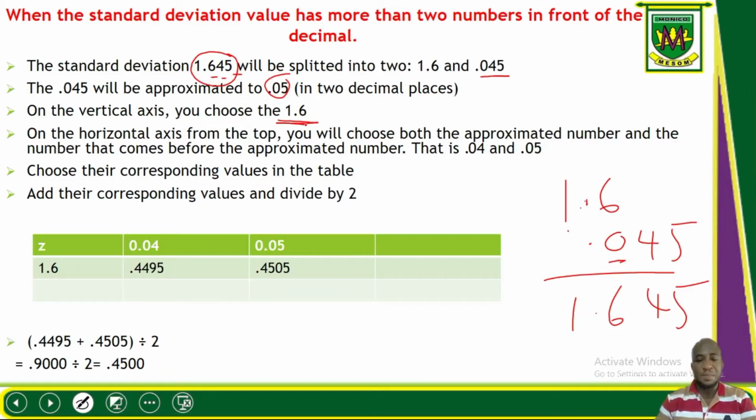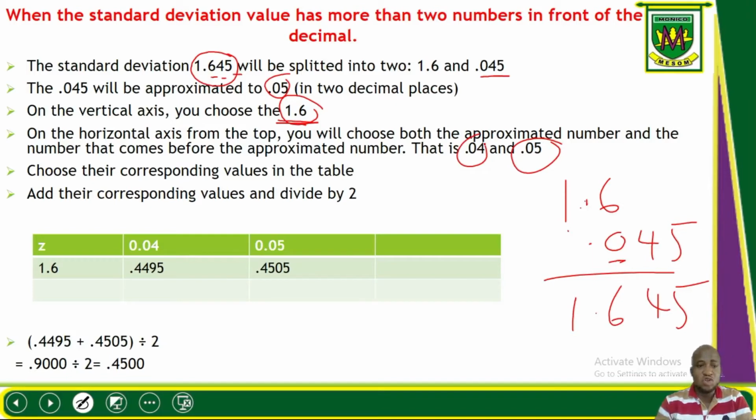Remember when it was just 1 decimal place, like 1, 2, or 3 standard deviation units, we were choosing from the vertical side. This time around, we choose 1.6 from the vertical side. On the horizontal axis from the top, you choose both the approximated number, 0.05, and the number that comes immediately before it, 0.04.